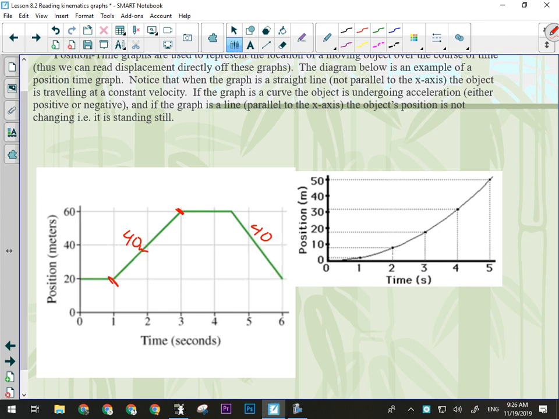What's the average speed? Nope, not 20. What's my total distance? Remember, average speed is total distance over total time, right? So 80 divided by, okay, so what, 1.6?